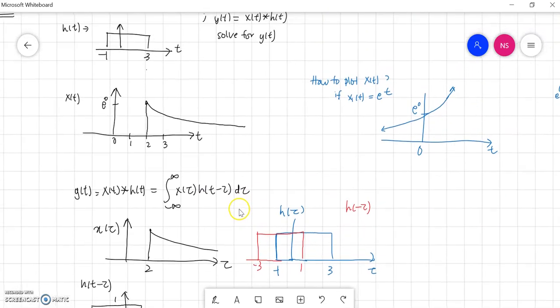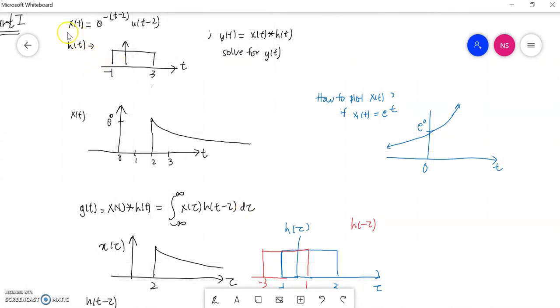So first we draw our original h(t), and this is shown here. I'm now using tau instead of t, so this blue line. And if I flip it on the y-axis here, I get h(minus tau), which is shown by this red line.